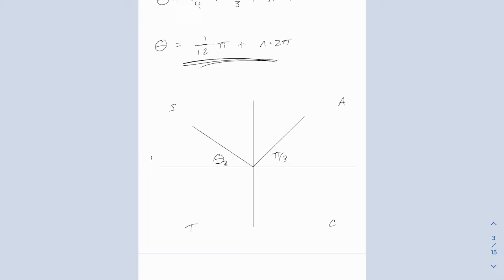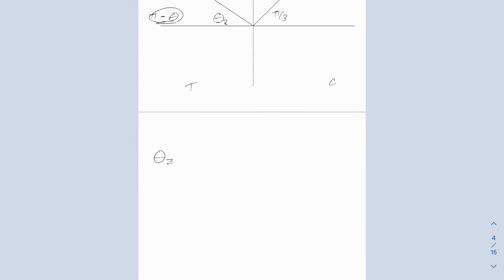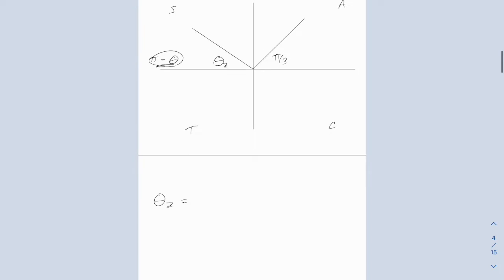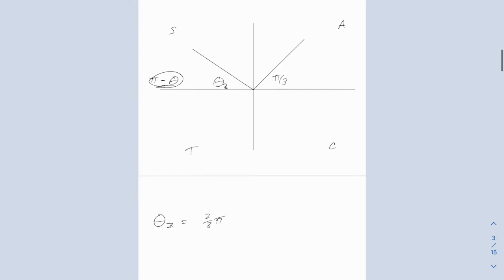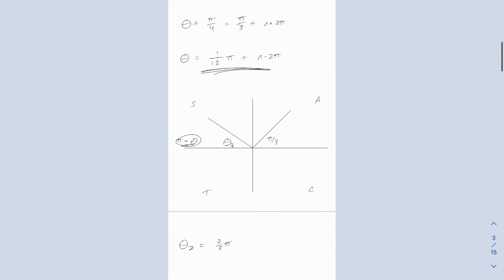Now theta 2 is equal to 180, so in this instance, pi minus theta. So theta 2 is going to equal 2 over 3 pi. So we're going to say theta 2 plus pi over 4 is equal to 2 pi over 3 plus n times 2 pi.